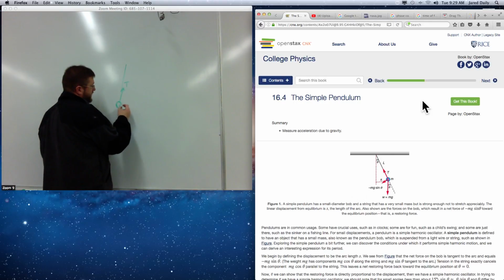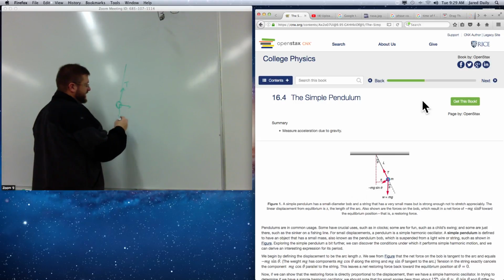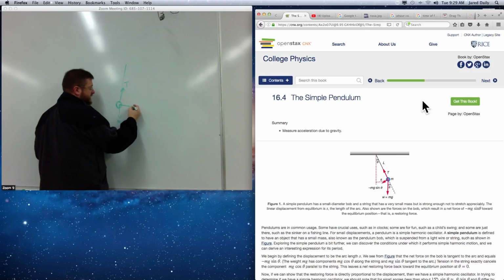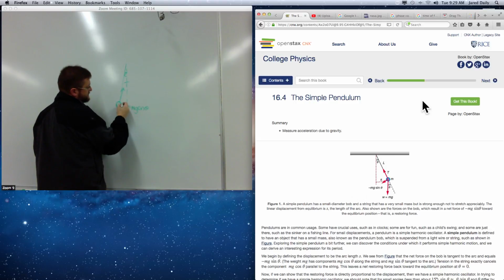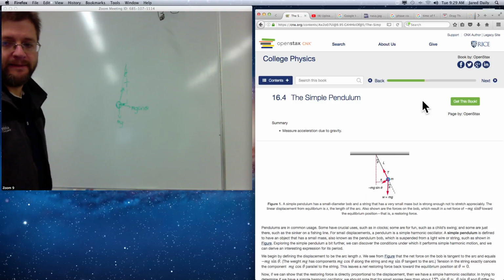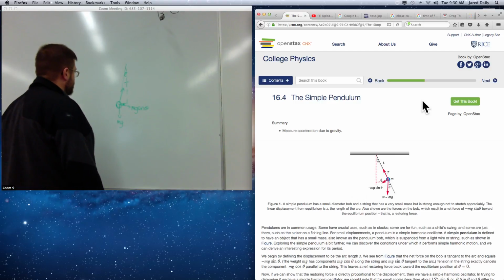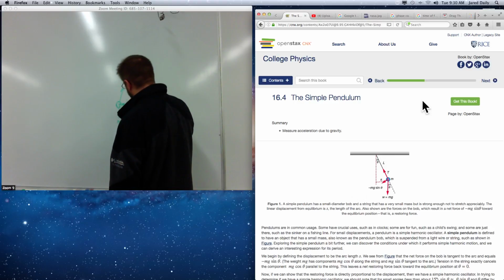If we break this down into components of the mass here, we get this one over that's pointing this way, that is mg times the sine of theta, where theta is this angle right here. And it also happens to be this angle right here.